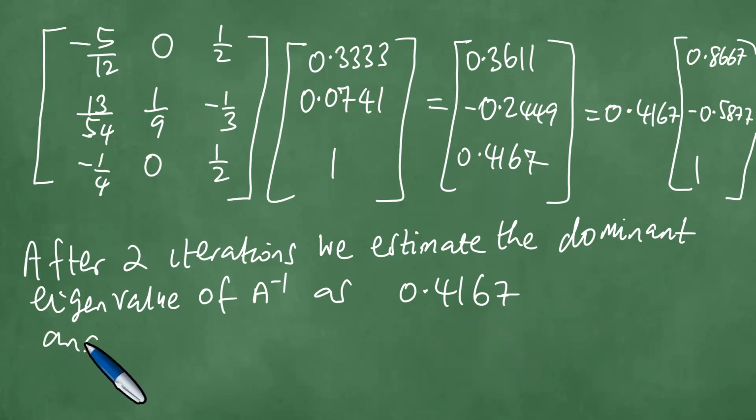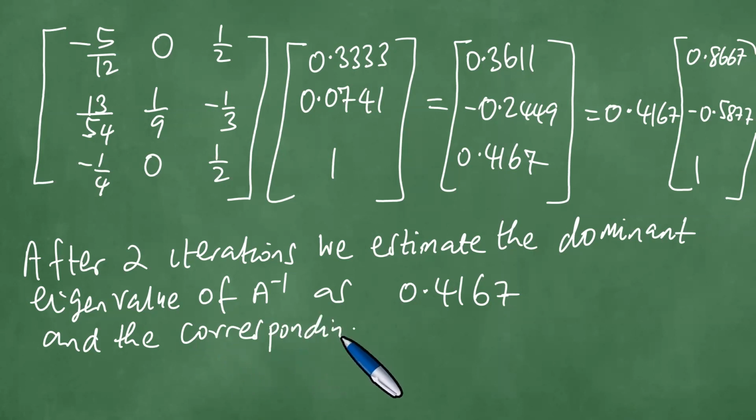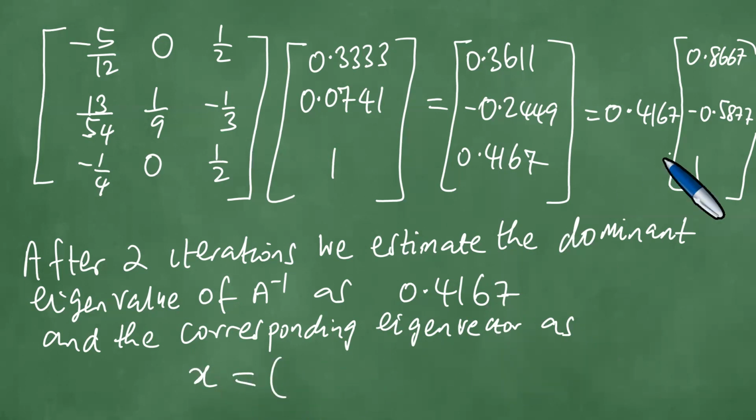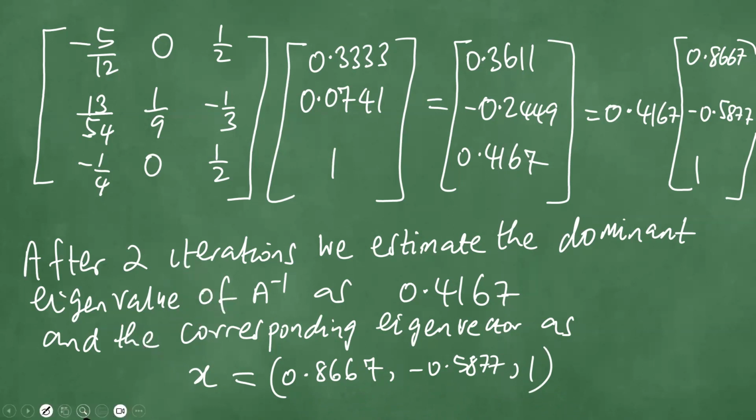And the corresponding eigenvector, this is the corresponding eigenvector, which is 0.8667, minus 0.5877, then 1. What is the meaning of all this here?